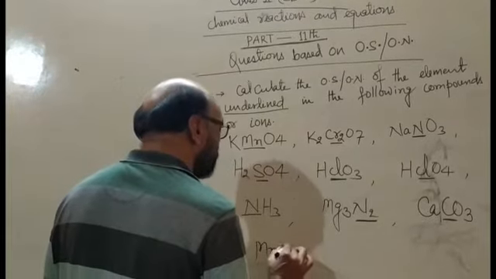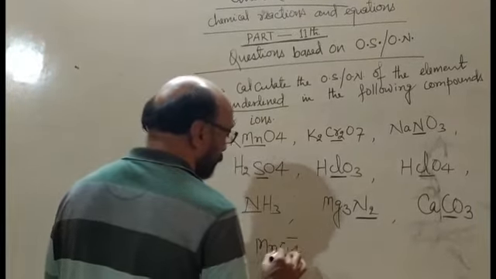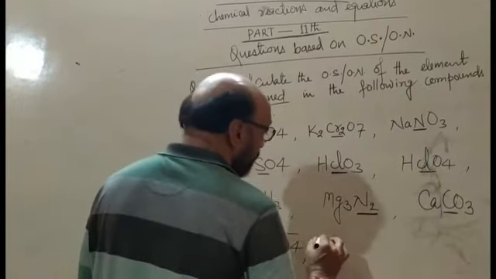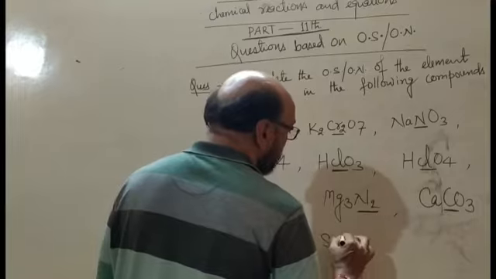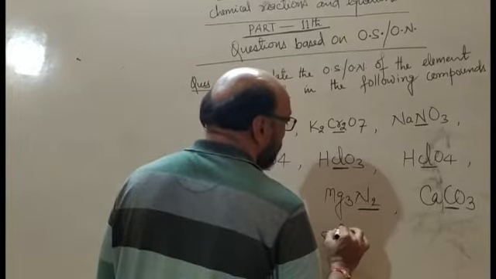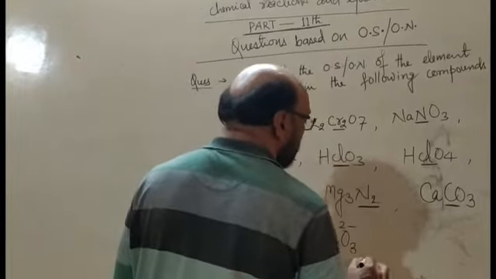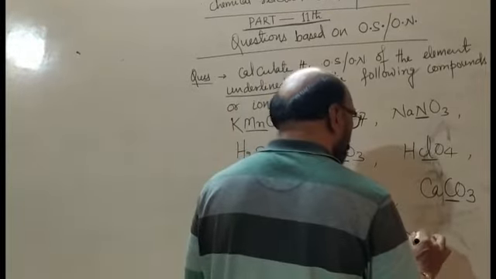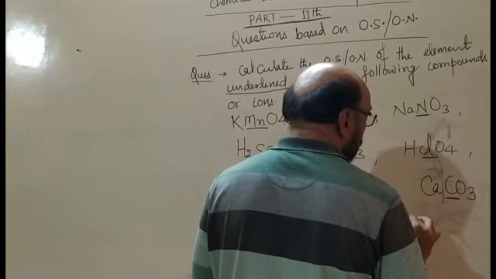Now some ions: MnO4 minus, Mn is underlined. S2O3 2 minus, S is underlined. C2O4 2 minus.